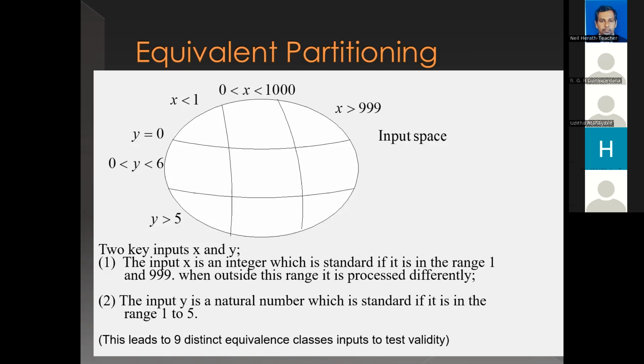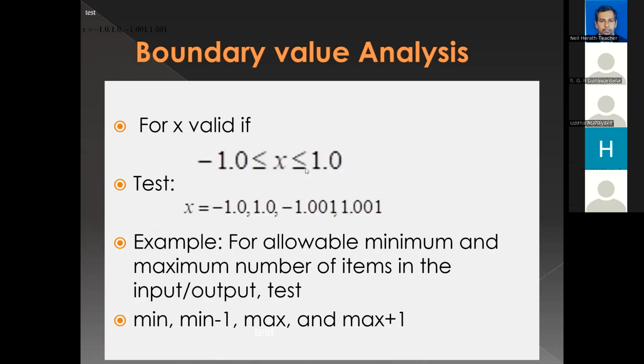If you have a basic idea of what boundary analysis and equivalent partitioning are, and you are given a question like these two variables behave only within these two ranges and asked to give the test cases, you should be able to draw a diagram like this and give a few values. In equivalent partitioning, you must give 9 values. But if it is boundary value analysis, you can give either 4 or even 5 values.